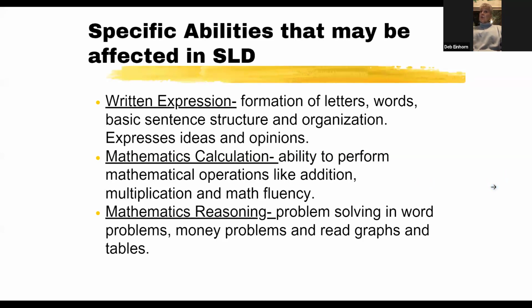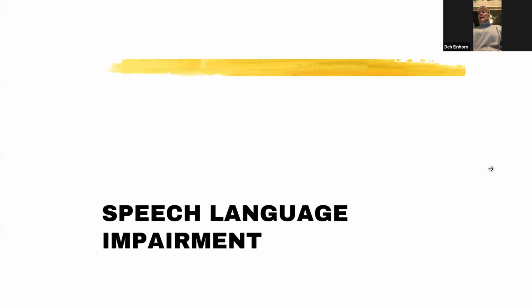They may not understand word problems, or they may not understand how to use money or to read graphs and tables. So some strategies that would help them are visual cues, or they might need extended instruction, more instruction beyond what typical kids would need.